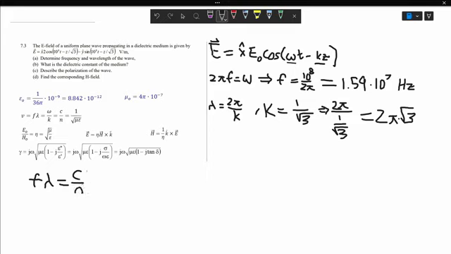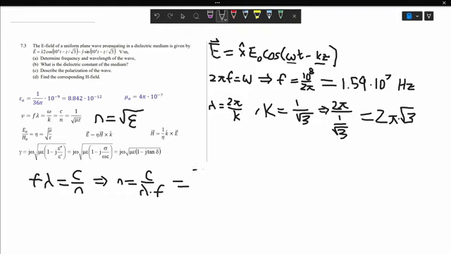But we want to solve for n because we know that n equals the square root of epsilon, which is our dielectric constant. We need to find this epsilon. So rewriting this equation to solve for n, we have n is equal to c over lambda times f.